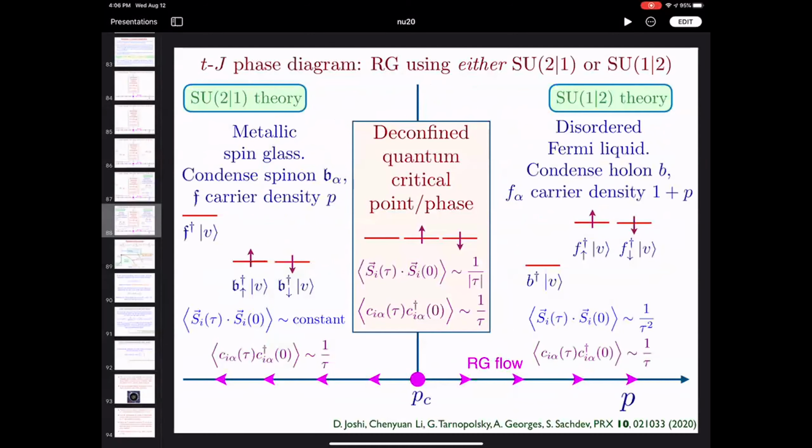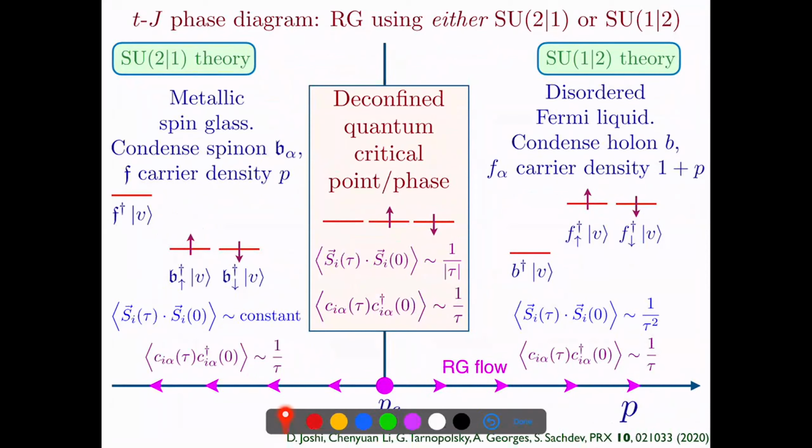When you flow to the right, you can make an argument that you end up with fermionic carriers which carry spin, so they have density 1 plus P. When you flow to the left, you end up with fermionic carriers which don't carry spin, but the spins are frozen. And this has density P. So the claim is that at low enough temperatures or low enough frequencies, you will see a discontinuous change. That was exactly my question.